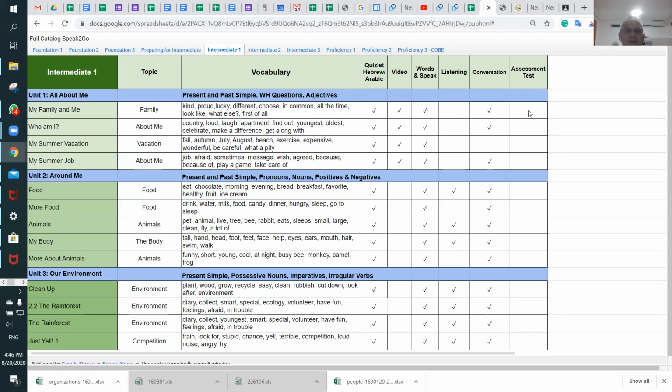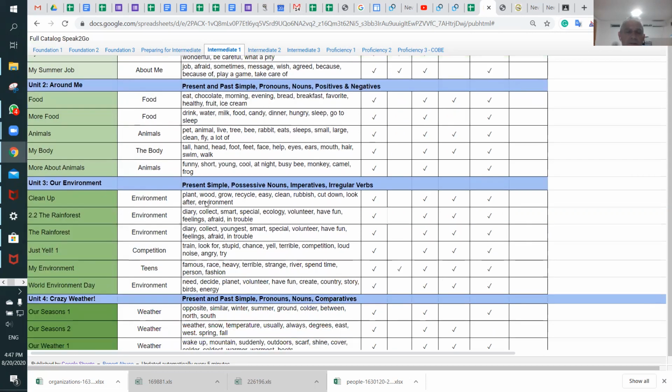So when you want to select a speech lesson for your student, you should enter the full catalog and look at the level that fits the students, look at the topic, explore and investigate which vocabulary is there, and give them the recommendation or the assignment to do a specific lesson.